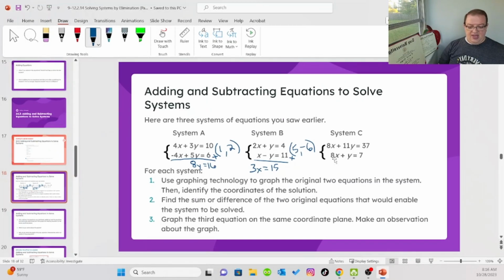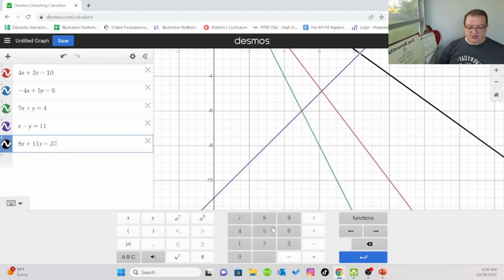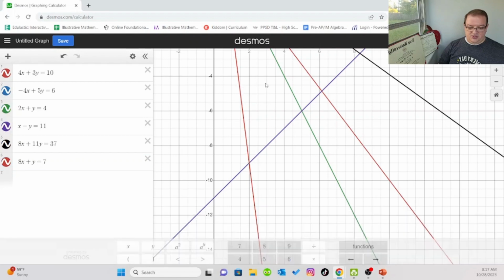And then we have 8x plus y equals 7. So now we have this red line. So every single point on this red line makes this equation true.